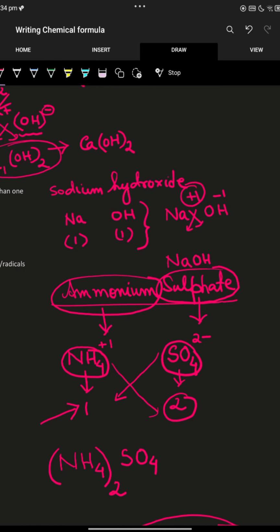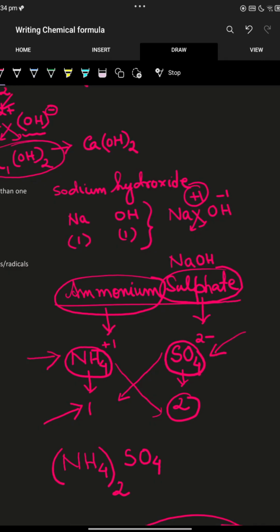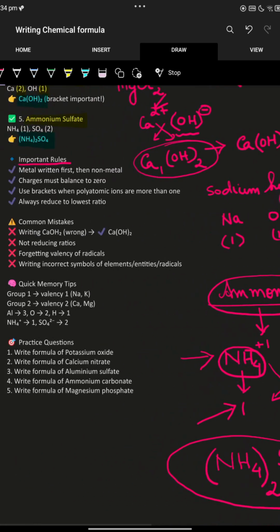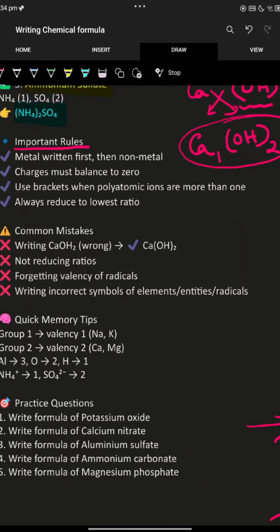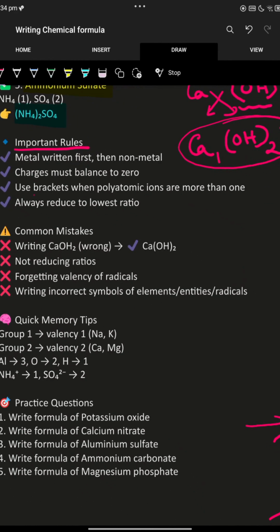Initially I am writing NH4 plus 1, sulfate minus 2. In the formula over here there is no charge remaining. Brackets are to be used for polyatomic ions when they are more than 1.